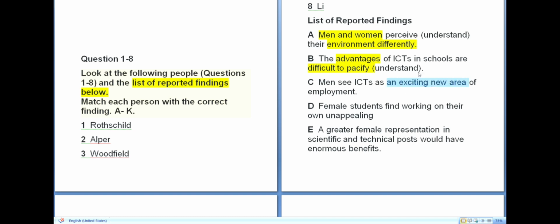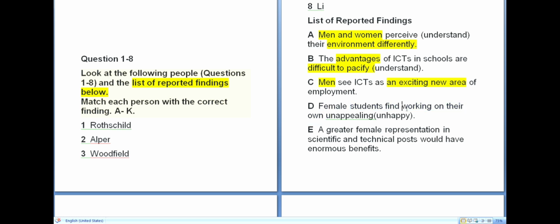Then it is female students find working on their own unappealing. Unappealing is not happy, that is unhappy. When women are told to work on their own, they find it very unhappy. So, highlighting the words female working on their own, feeling unhappy.